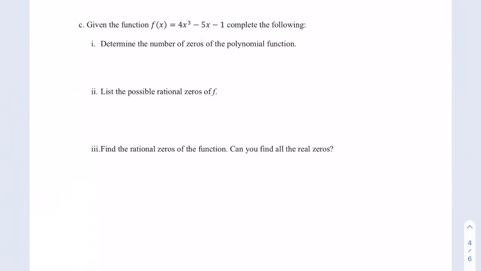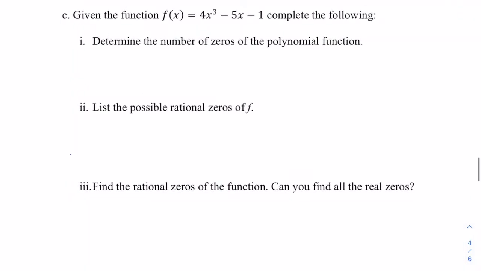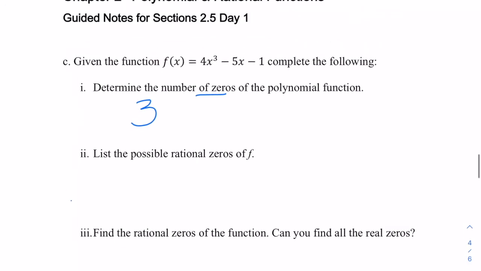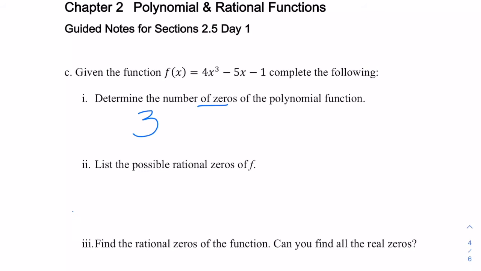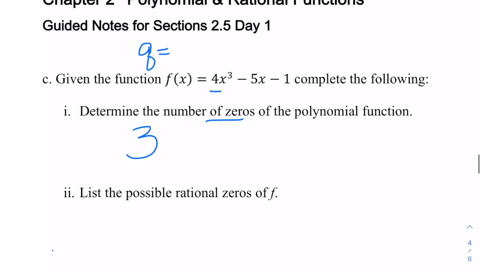So here we have 4x cubed. Again, the degree is 3, so we're going to have 3 zeros, because that is the degree of the polynomial. When we consider the possible rational zeros, our q is going to be the factors of the leading coefficient. So that's plus or minus 1, plus or minus 2, plus or minus 4.